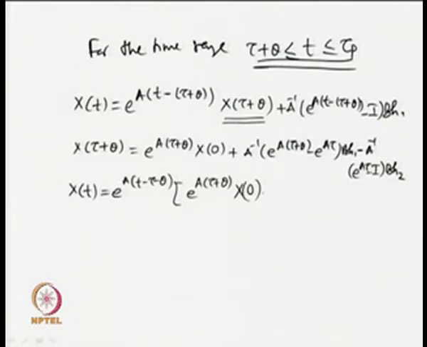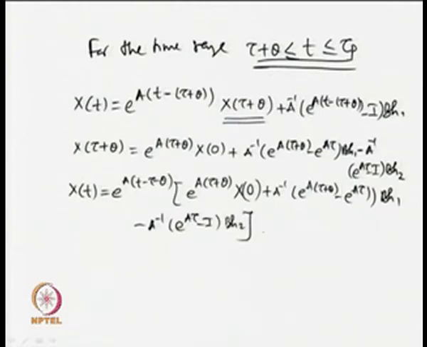Then this is your x(0) plus A inverse [e to the power A(tau plus theta) minus e to the power A tau] B h1 minus A inverse [e to the power A tau minus identity matrix] B h2, plus the remaining part as it is: e to the power A(tau plus theta) minus e to the power A tau B h1 minus A inverse [e to the power A tau minus I] B h2.